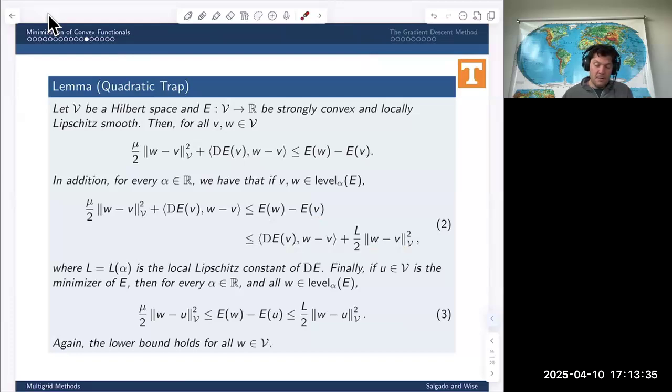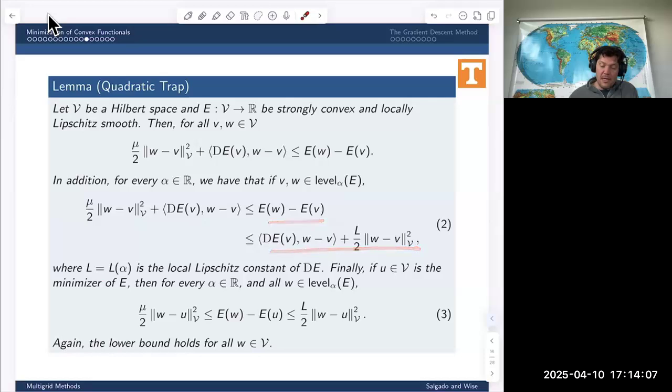By the way, you need to understand, and I forgot to point this out previously, this mu is the mu from the strong convexity assumption. The L is from the local Lipschitz smoothness, and that, of course, depends on alpha in this case. So these are two different constants. Please be aware of that.